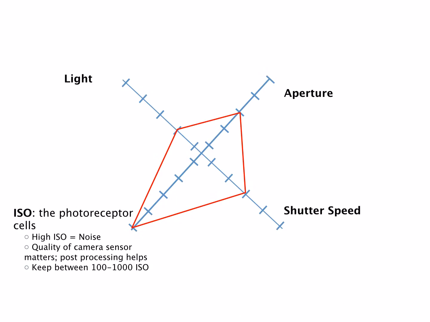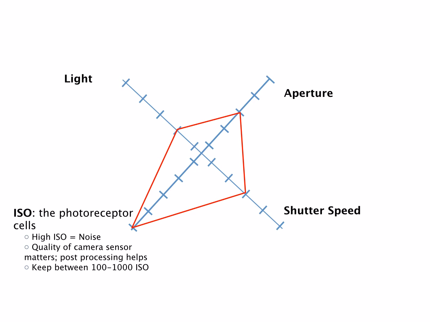So that's shutter speed. Let's look at ISO. Going back to the human analogy, this would be like your photoreceptor cells. High ISO allows you to capture photos in low light situations. It will cause what's called noise, which are kind of like spots, flecks in the photo. The camera's sensor really matters.